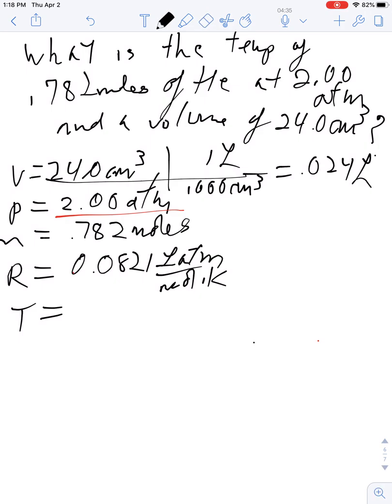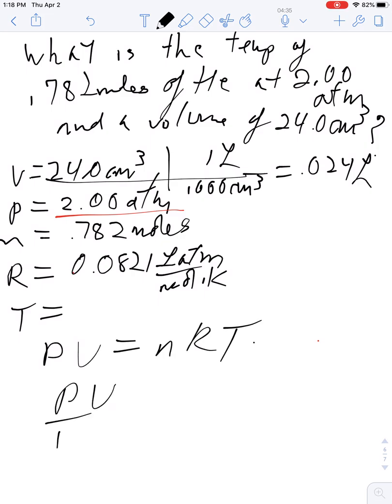Okay. So now we can take our equation, solve for temperature. So let's see here.